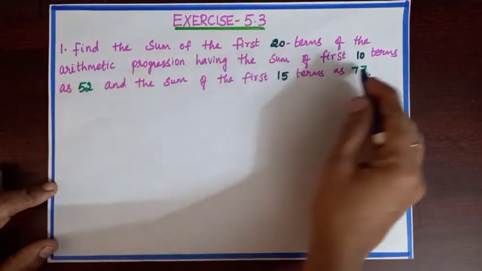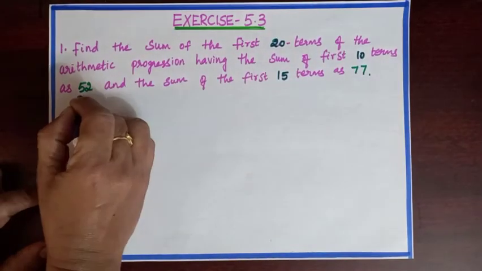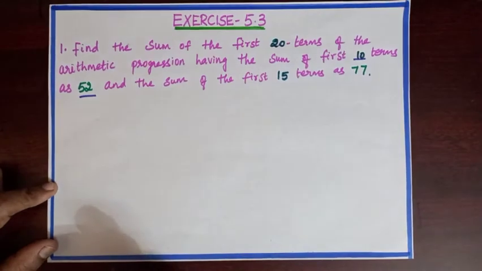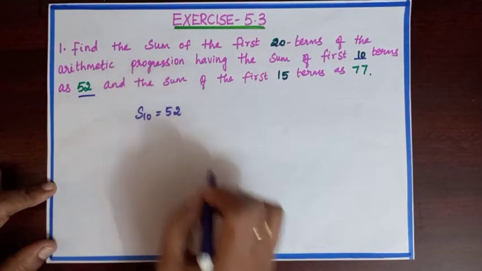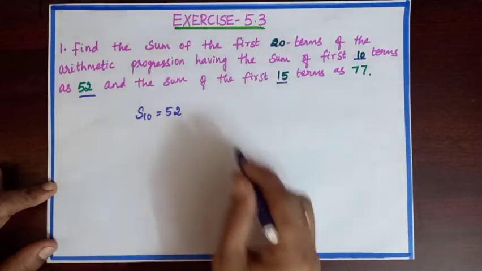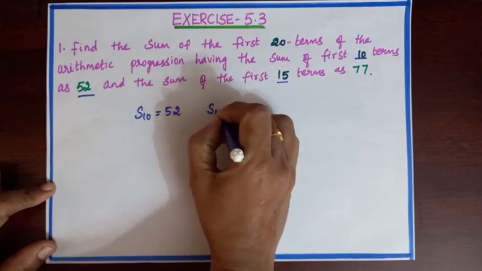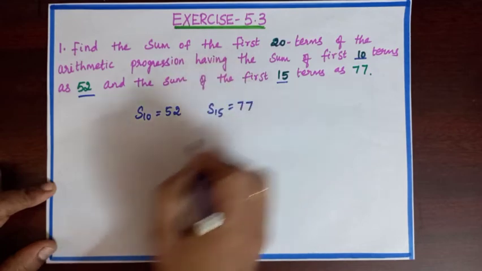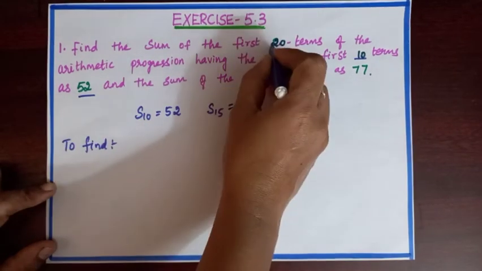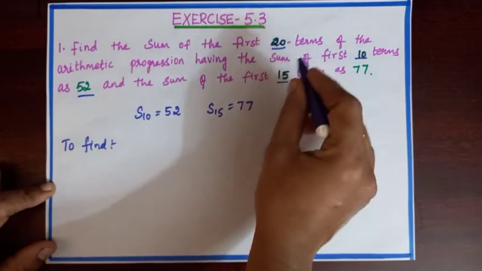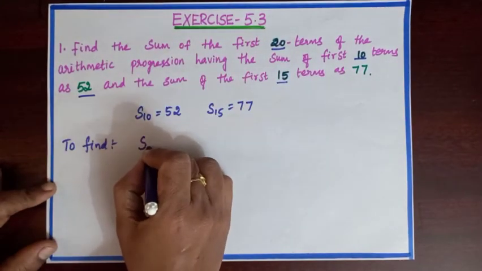Given is the sum of the first 10 terms, S10, equal to 52, and S15 equal to 77. Now we need to find the sum of the first 20 terms, that is S20.